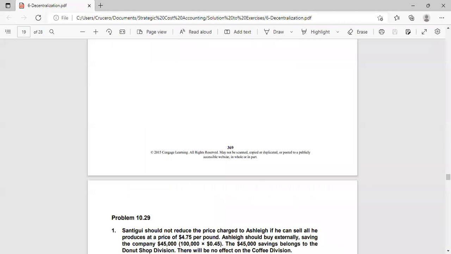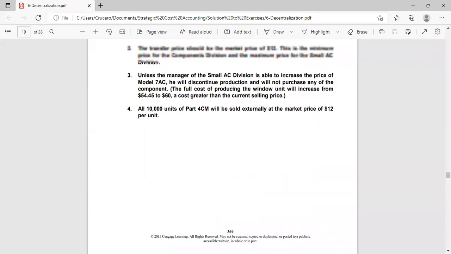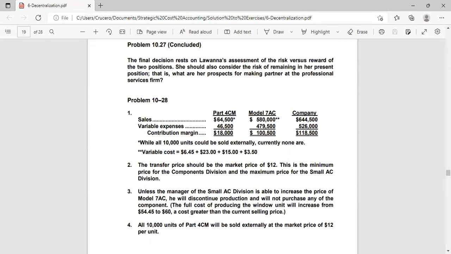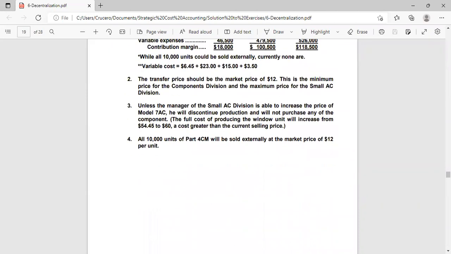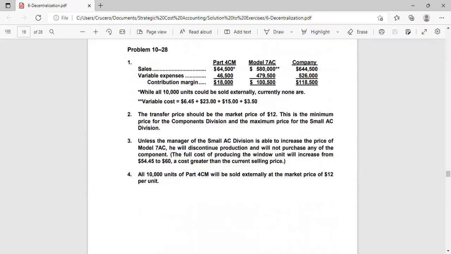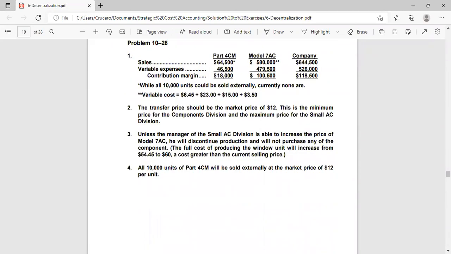It has four requirements. One, compute the firm-wide contribution margin associated with Part 4CM and Model 7AC. Also compute the contribution margin earned by each division.